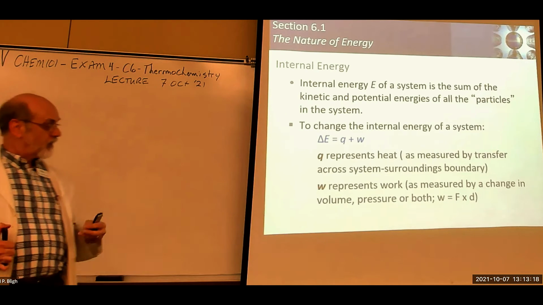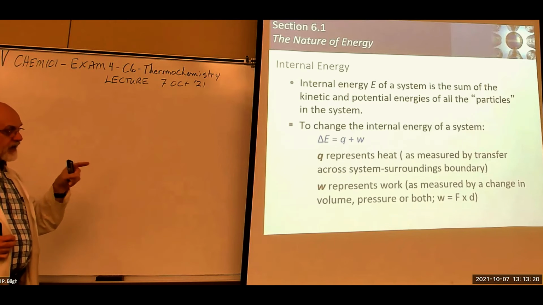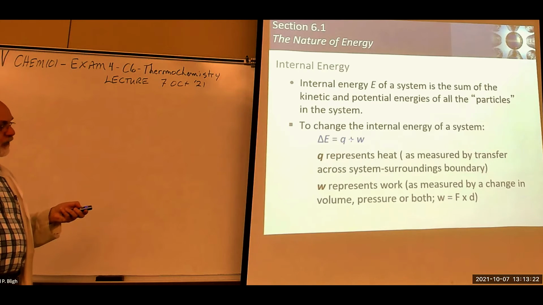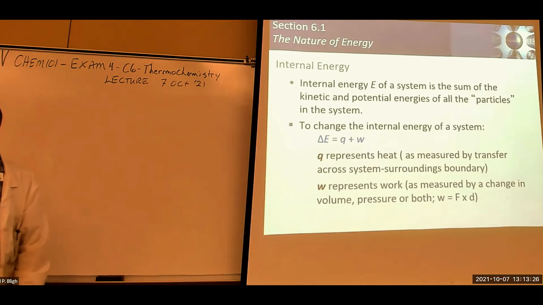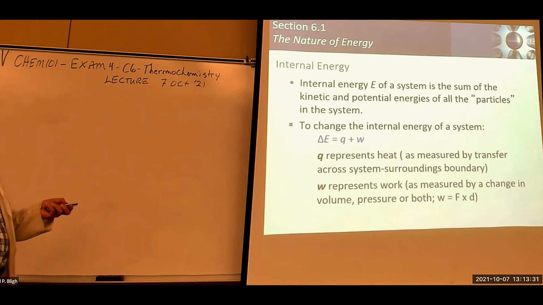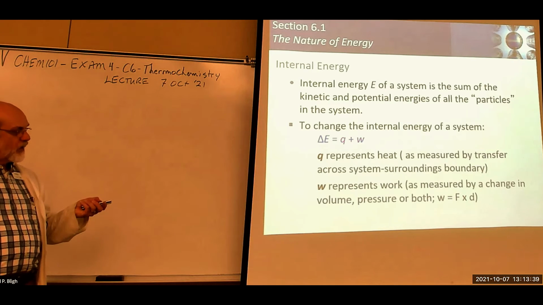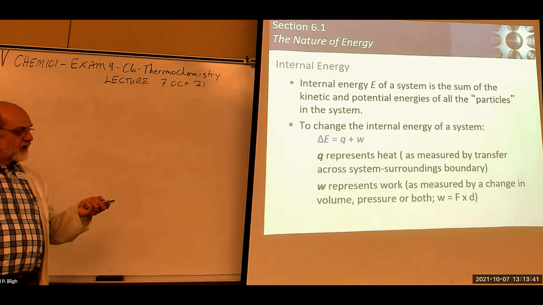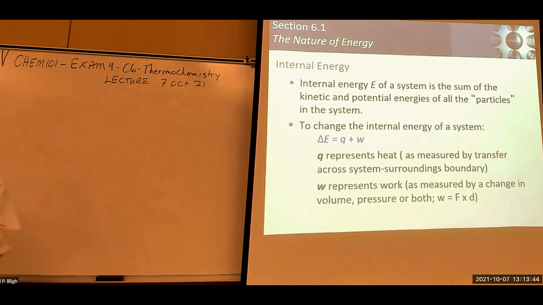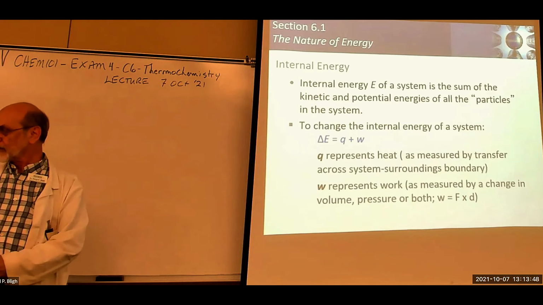Okay, and the definition of that change allows for either changes in heat or changes in work. Those are the only two ways that you can change this value for a system. And this is known as internal energy. The internal energy of the system is a sum of all of its heat content plus all the work that goes into changing it. Okay?